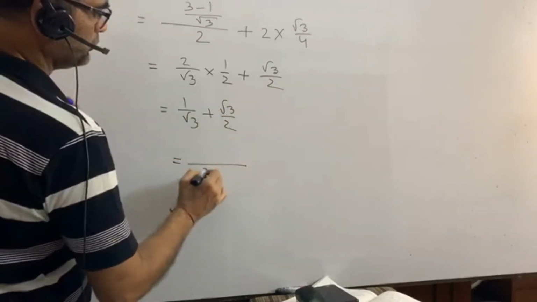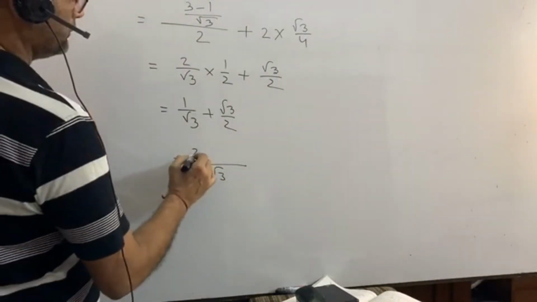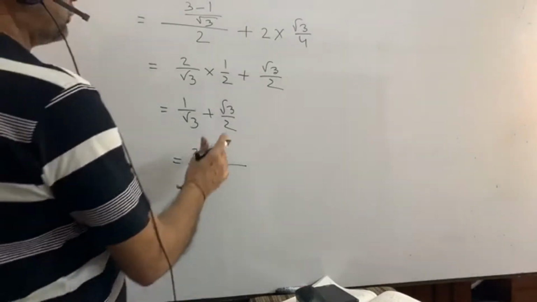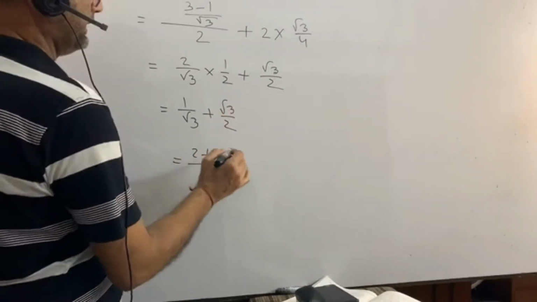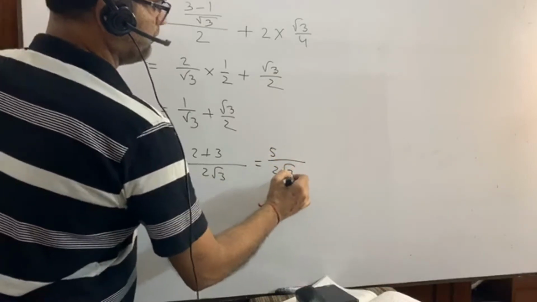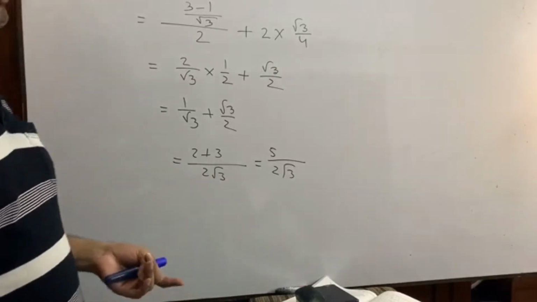Just calculate. 2 root 3 is the LCM here. Then we are getting 2 here, and here it is root 3, that is only 3. So we are getting 5 by 2 root 3, but we cannot leave any answer having an irrational number in the denominator.